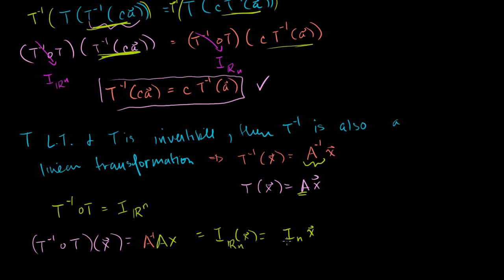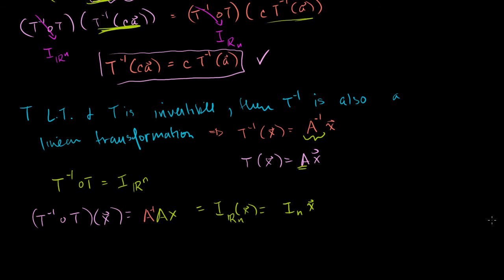That is the n by n matrix that when you multiply it by anything, you get that anything again. So we get a very interesting result. A inverse times A has to be equal to the identity matrix. The matrix for T inverse, when you multiply it with the matrix for T, gives you the identity matrix. And the argument actually holds both ways.